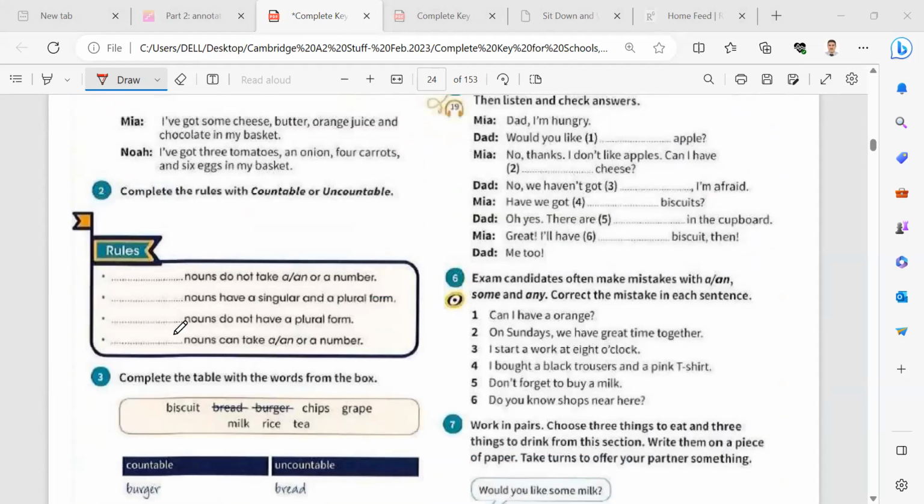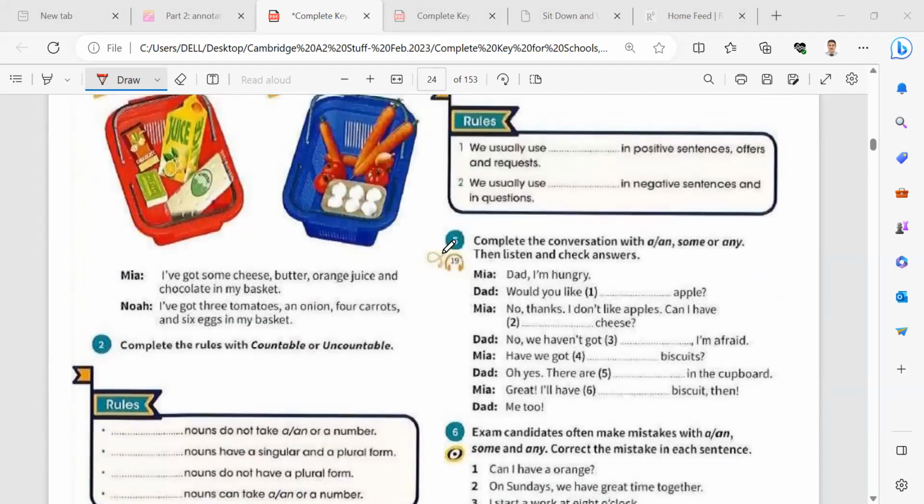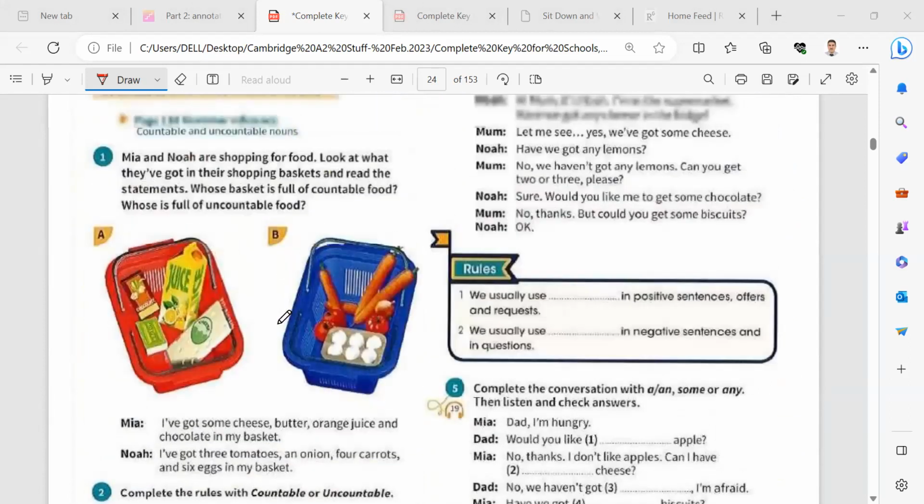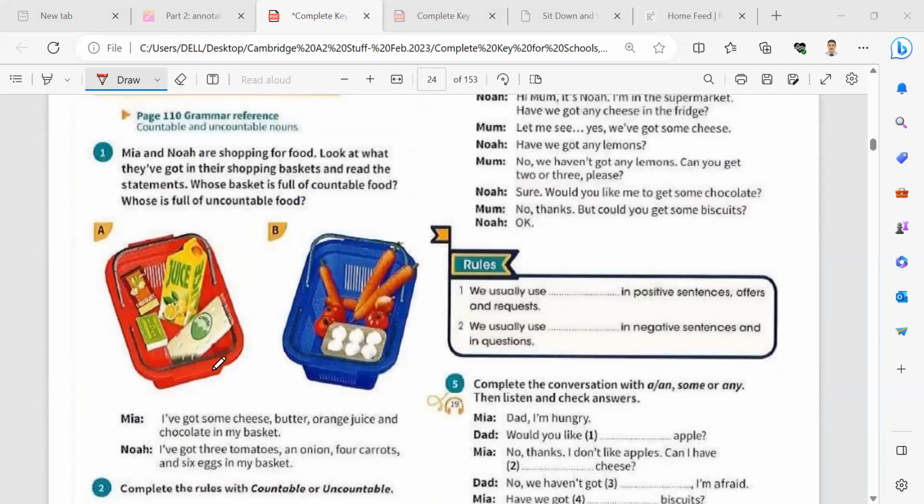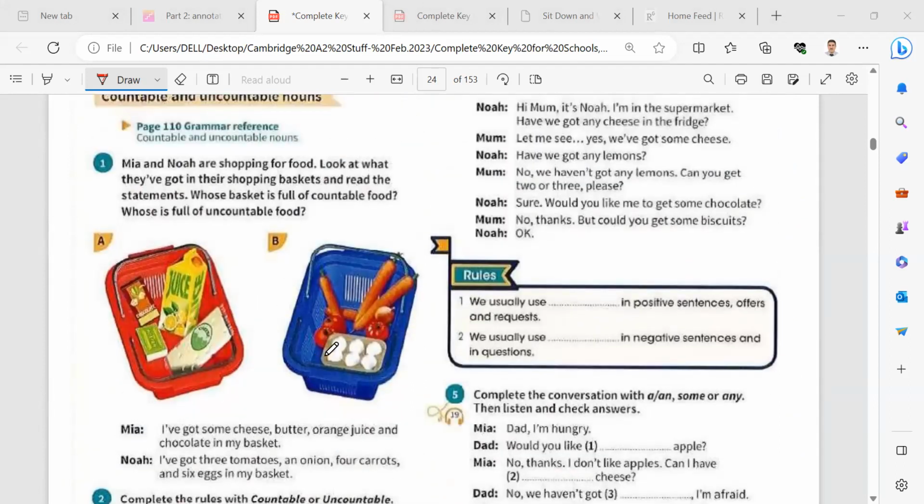I think we finished the page. This page, Nawaf, page 24. There's something we don't write. Which one? Rules.